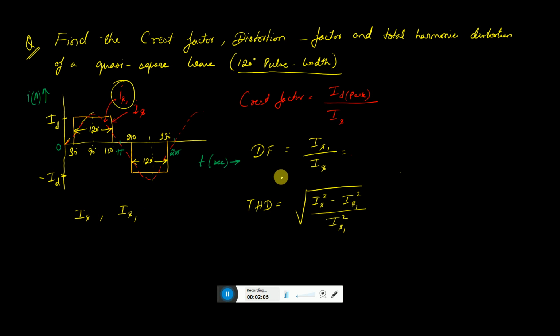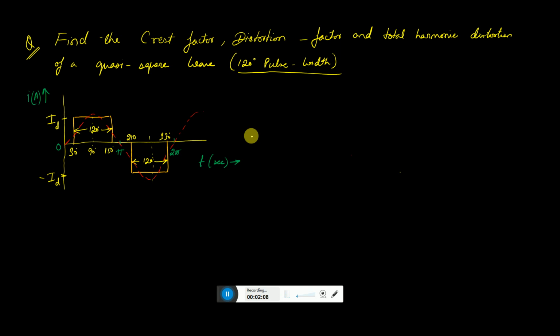So let us go to another screen. Let us find what is the value of IS here. IS is the RMS value, so we know that to calculate the RMS value, IRMS square is equal to 1 by 2 pi integration of 0 to 2 pi I square theta d theta. That's the formula.